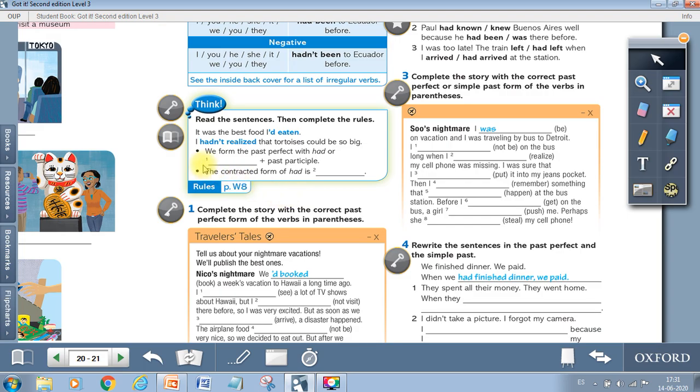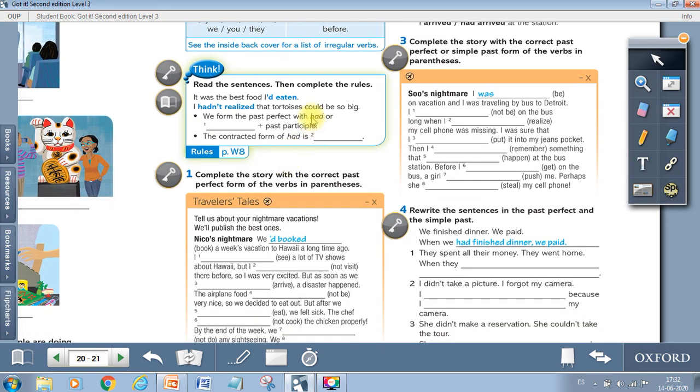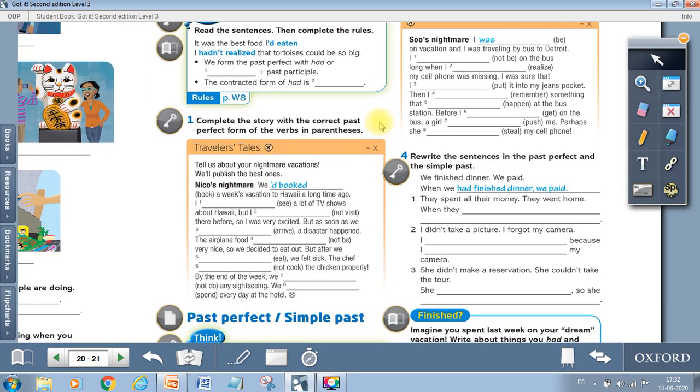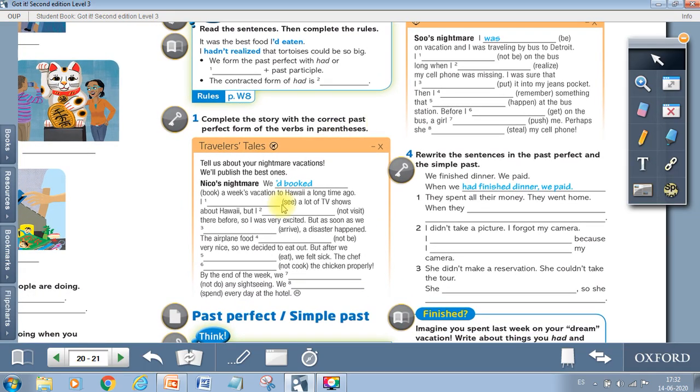So in this case, it's the same we did on the PPT before. In this one, the correct option is had or hadn't, and the contracted form of had is D. La forma abreviada de had es la comita con la D. Okay? So now we are going to do this activity.